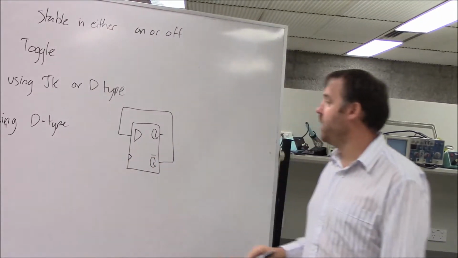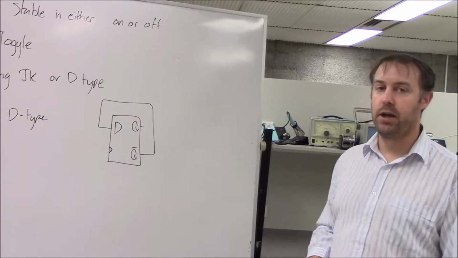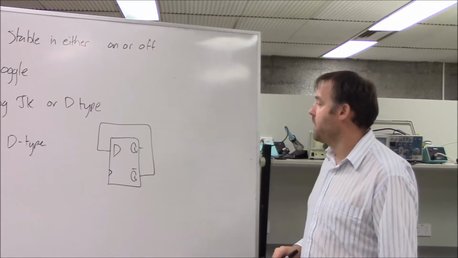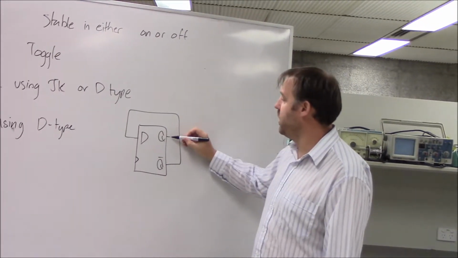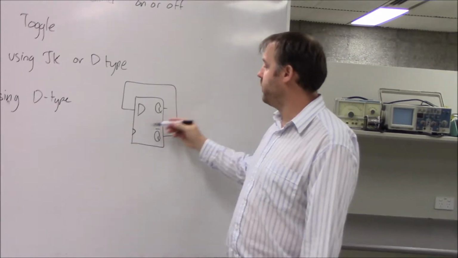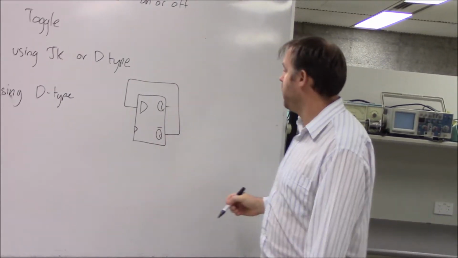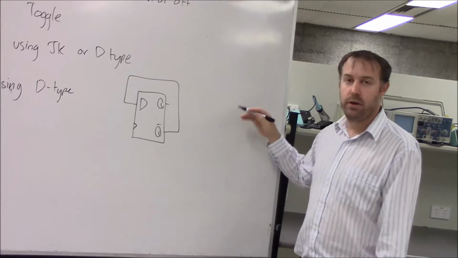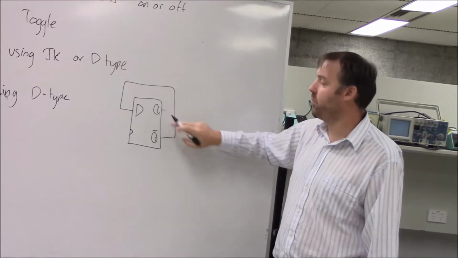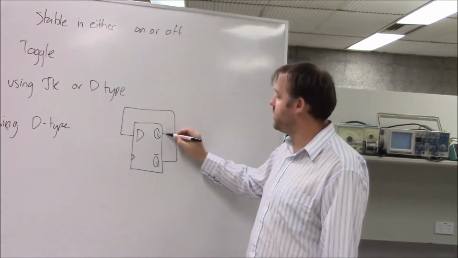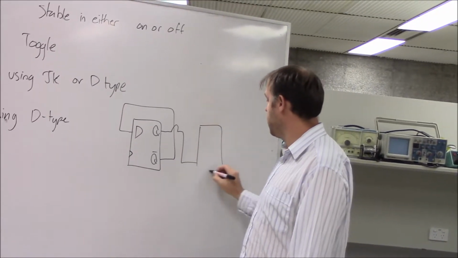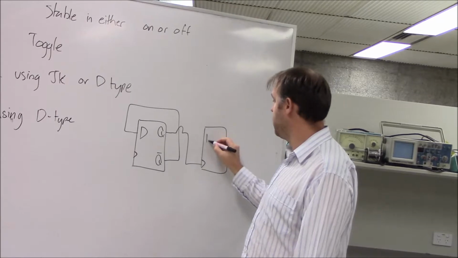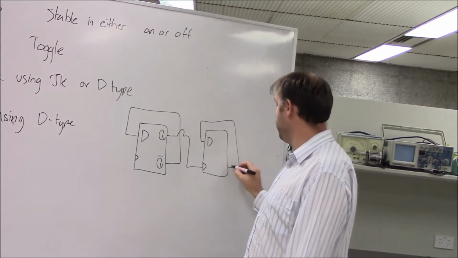Okay, so now let's have a look and see how we can create a counter using this. So remember, we want this output here to be half the frequency of this clock here. If we have another bit on here, we want it to be half the frequency of this one, so we can use this to clock another T-type flip-flop.